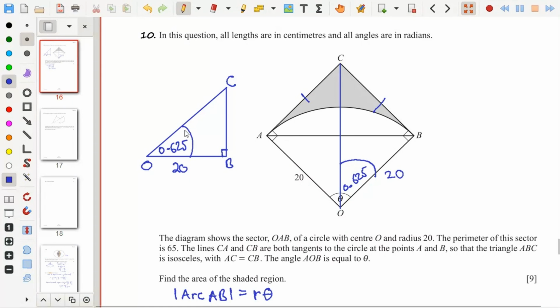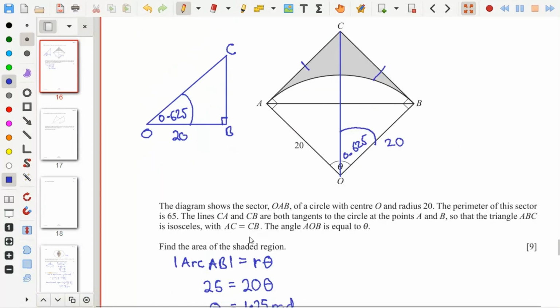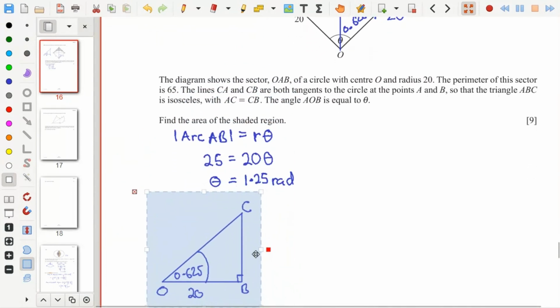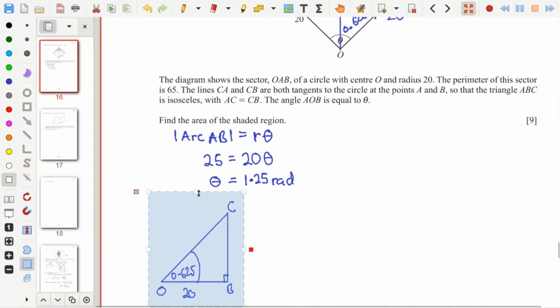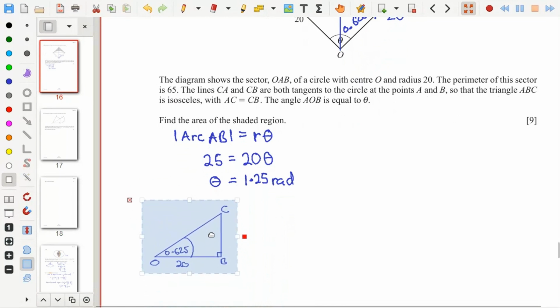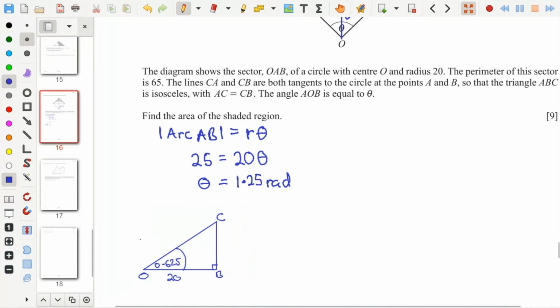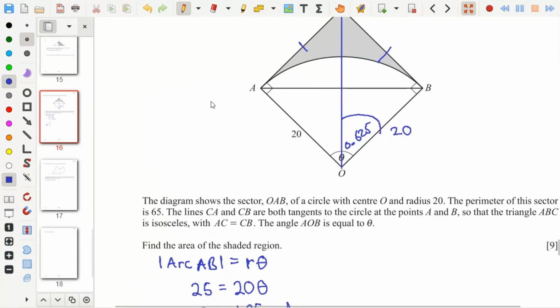So I can easily find OC. I want to find the length of OC, which will be the length of my diagonal.